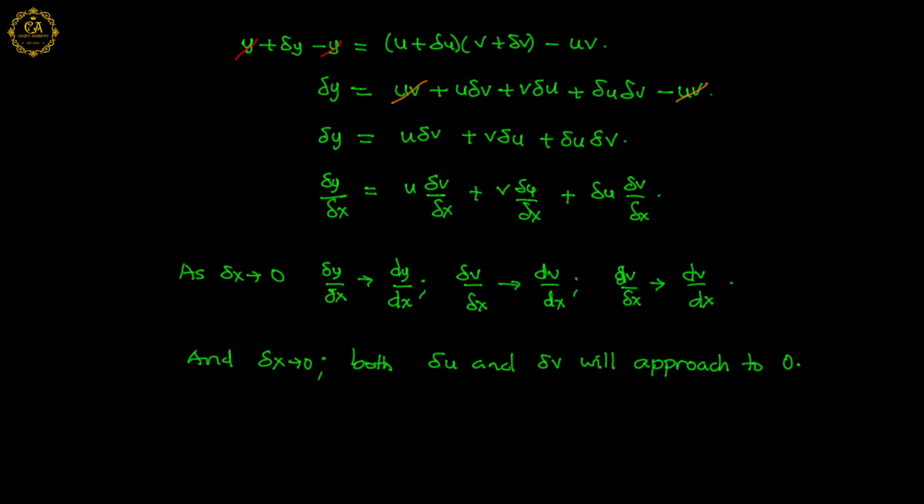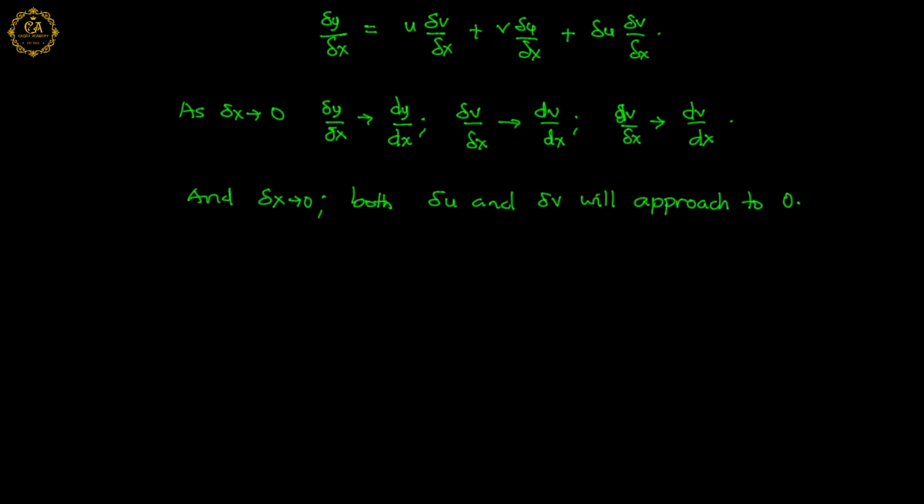Now we can write the whole expression as dy by dx equals u dv by dx plus v du by dx, and then remember our delta u has turned into 0, and we are multiplying it by dv by dx.